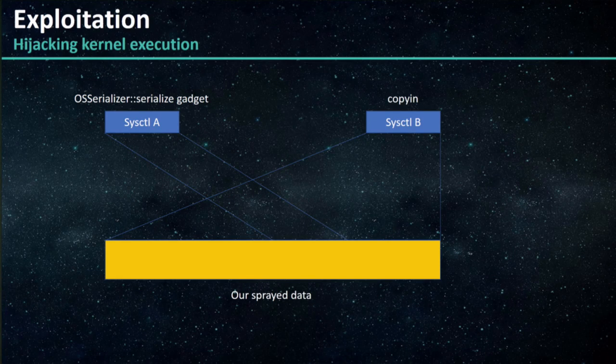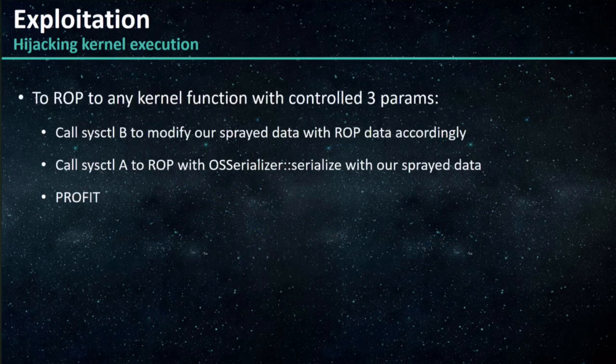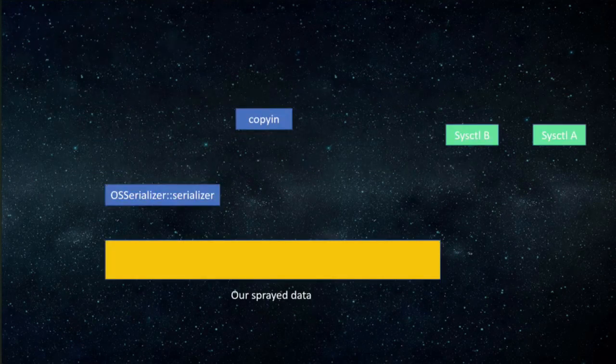The second sysctl takes a small portion from our spray data and issues a ROP to OSSerializer::serialize based on this data. So to actually issue any call, I call one sysctl to modify my data, call the second one to use my kernel-resident modified data, and then we can ROP to any address we want.